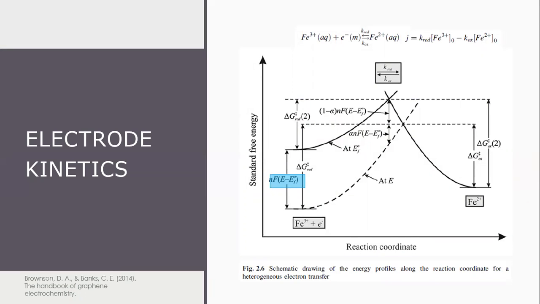So normally, this is basically a plot of Gibbs free energy against the reaction coordinate. And recalling that the cathode is the electrode that supplies electrons for a reduction process, and the anode does the opposite. So the rate law for the net process is this one.